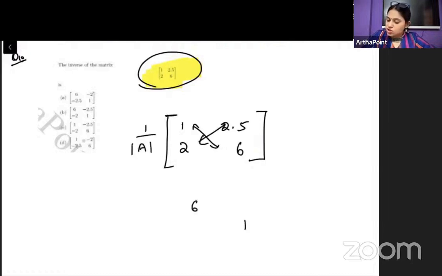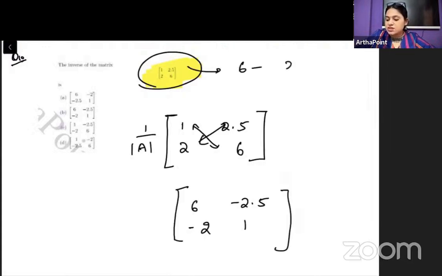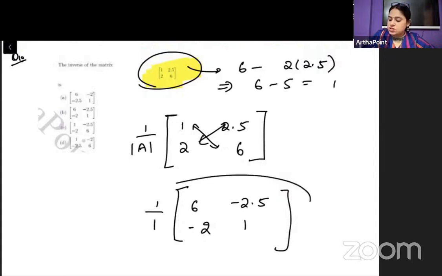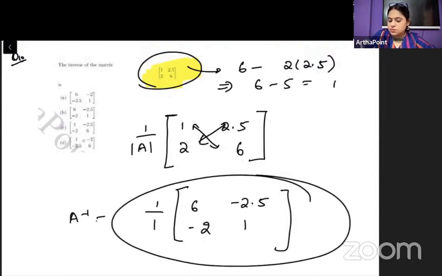If I do that, I will get this, right? And the determinant of this will be 6 minus 2 into 2.5, 6 minus 5, which means 1. So this will be the inverse, and this would be the answer to this question.